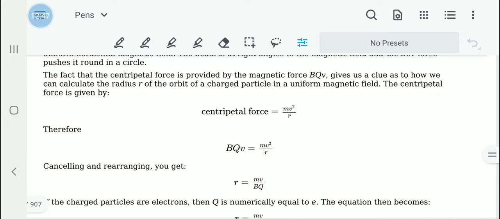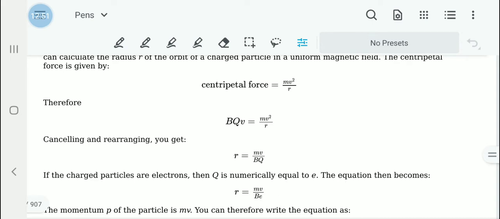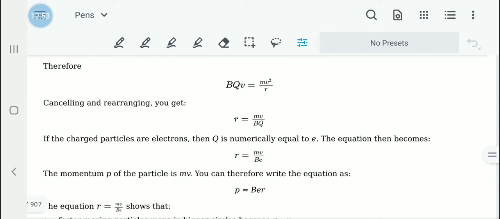Therefore, BQV is equal to mv squared upon r. Then to calculate r, you get mv upon BQ. Because it is a single charged particle, we can take r equals mv upon BE, using e instead of Q.